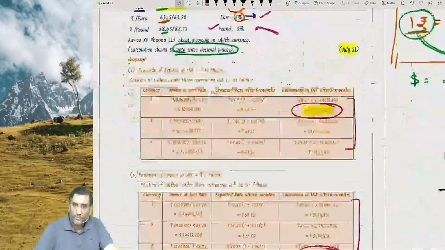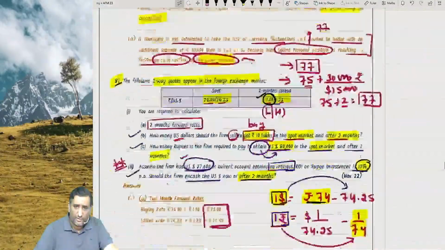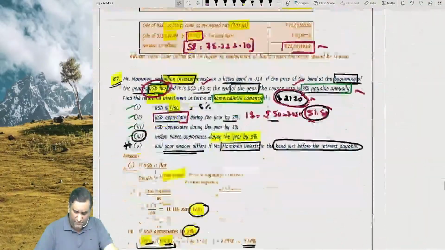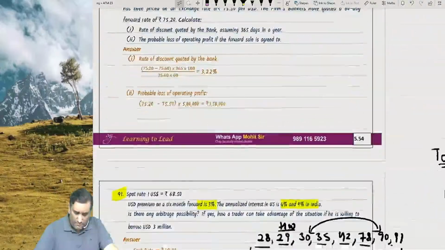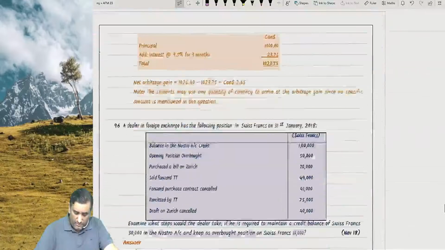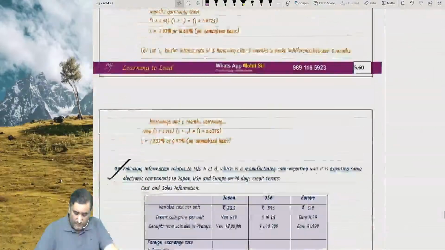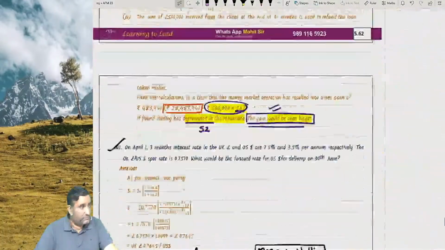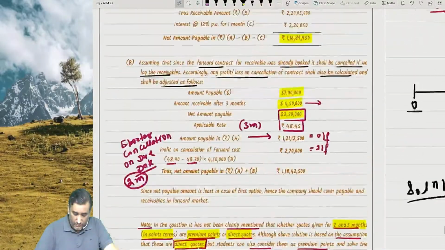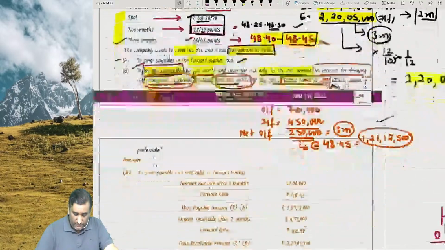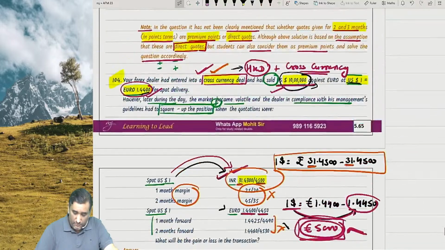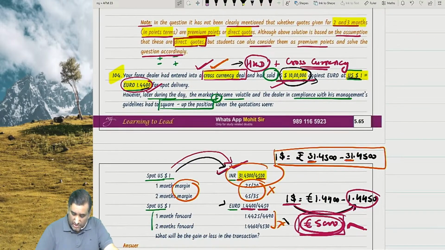Which question is there? 105 you have? That I took, I think maybe practical rates, or what was it? Do you have the answer in the book notes? 104 you have. 104 also you have. 104 is actually cross currency plus something.